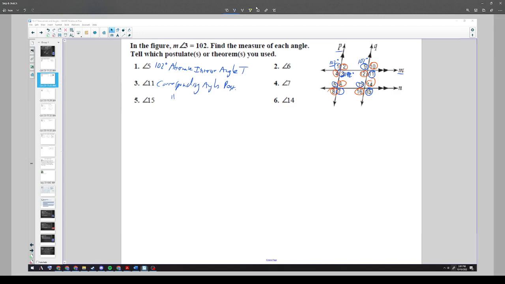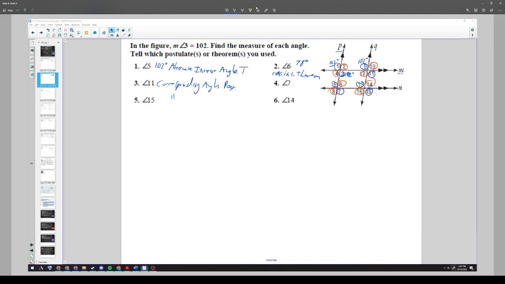Angle 6 is a consecutive interior angle to angle 3 where we started. So this would be the consecutive interior theorem, and it's going to be 78 degrees. Number 7 is 102 because it's blue and it's a corresponding angle to that one.